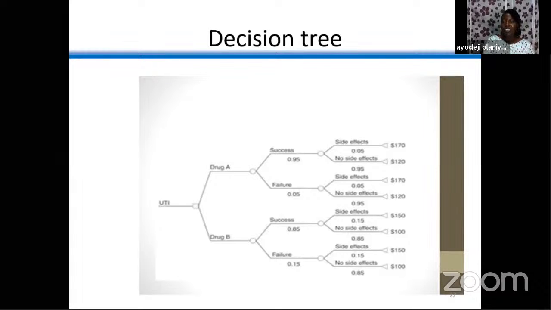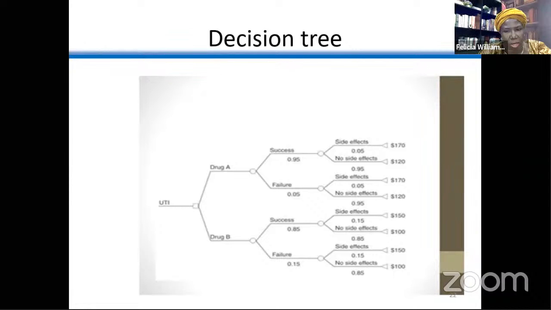So the difference there is 10. So we divide the cost. Let's say drug A has always been 500, drug B 400. So the difference is 100, divided by the difference in their efficacy, 10, and that will give you 10 to ratio 1 or something like that.